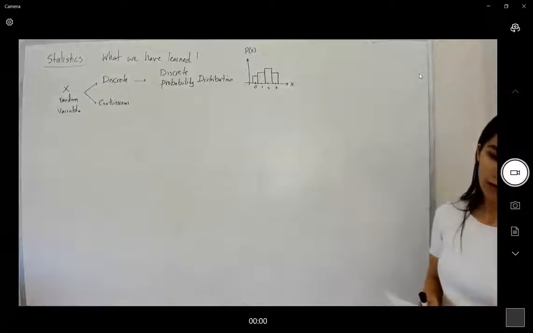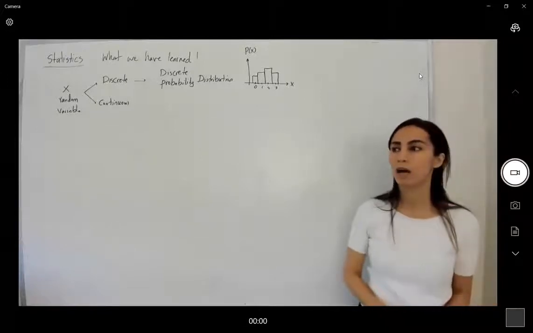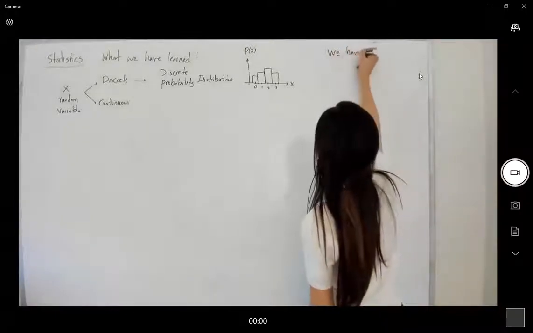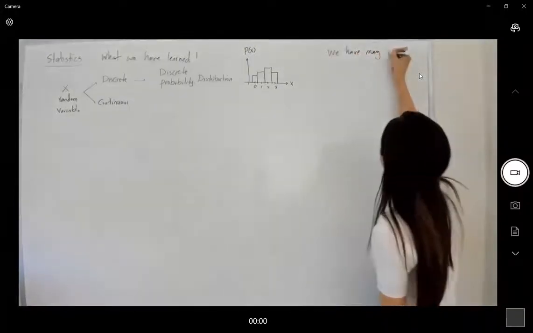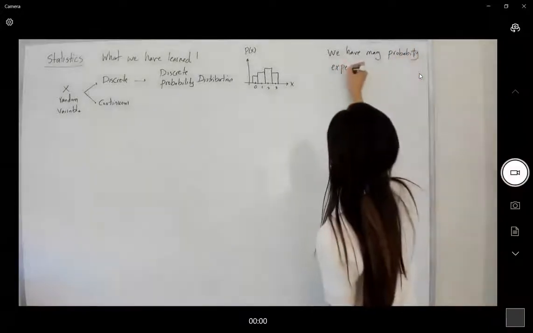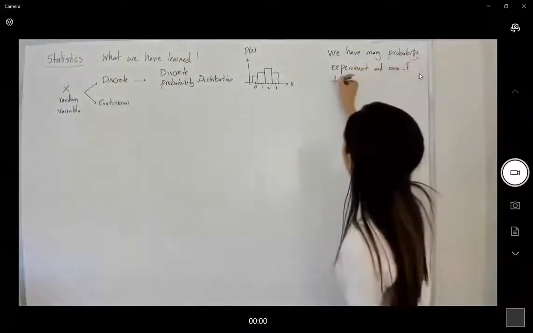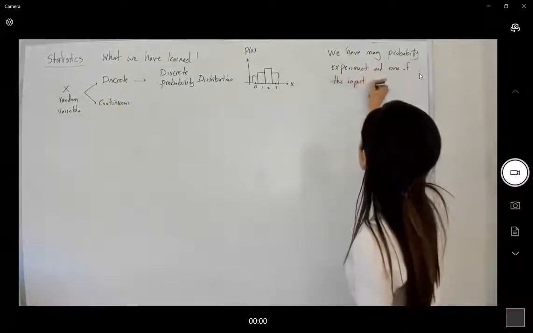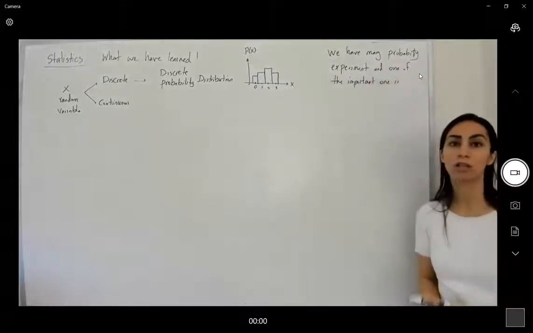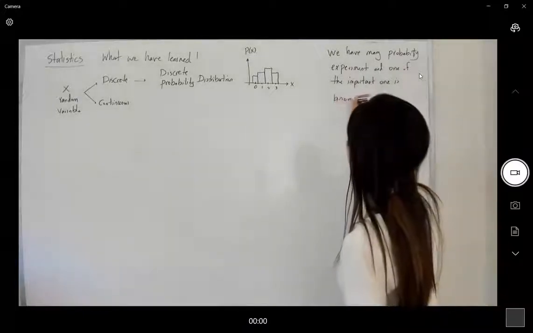Very well. We also learned about different probability distributions for a discrete variable. We have many probability experiments, and one of the important ones is a binomial experiment, binomial probability experiment.